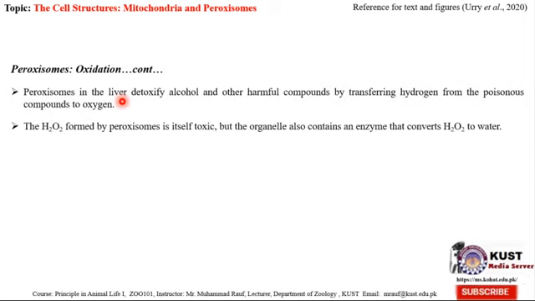Peroxisomes in the liver detoxify alcohol and other harmful compounds by transferring hydrogen from the poisonous compounds to oxygen. Now, the hydrogen peroxide itself is a toxic substance, but it is comparatively less toxic than the original form from which it was formed.